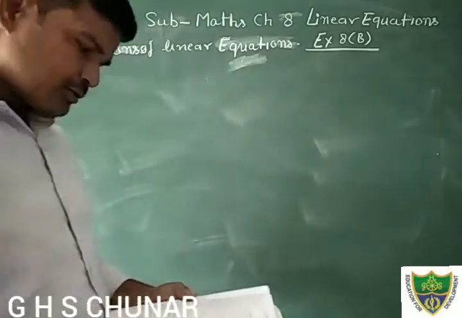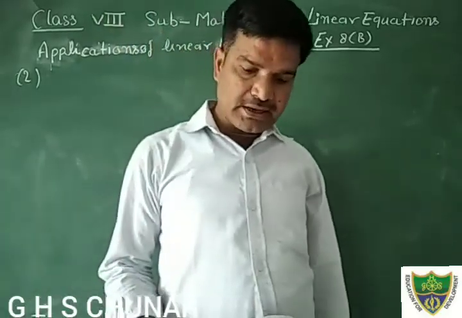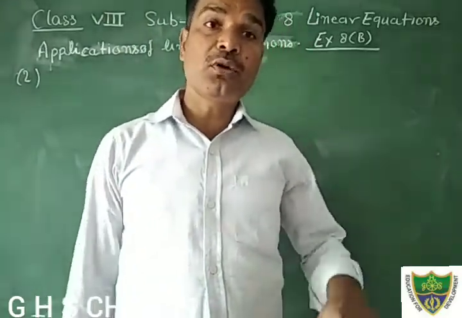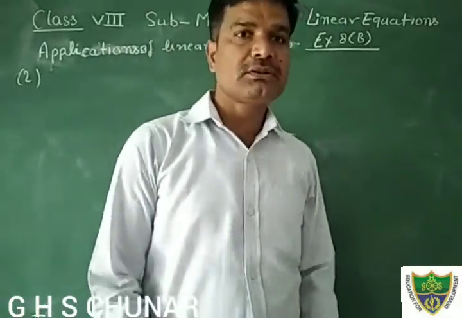In question number 2, it is given that 2 upon 3 of a number is 20 less than the original number.